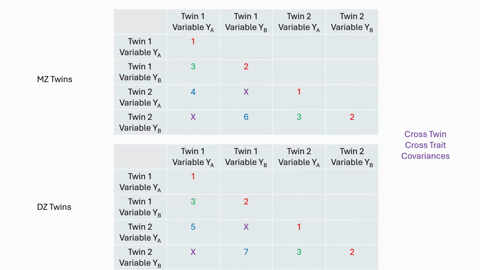The cross-twin, cross-trait covariances shouldn't vary within twins, but should differ between MZ and DZ twins, and thus provide a final 2 pieces of information, making a total of 9 pieces of information from our observed variance-covariance matrices.